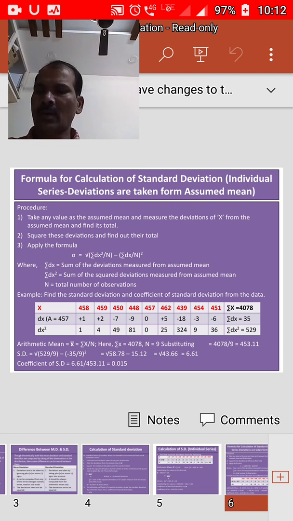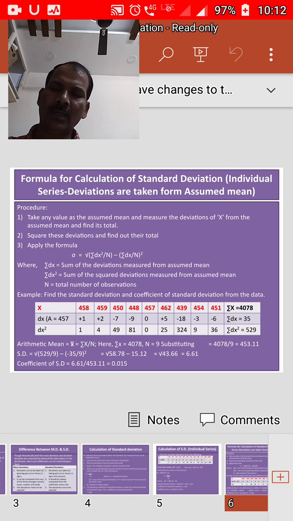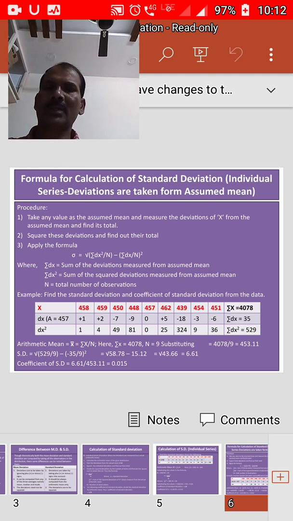Now we will introduce the same in the formula. Arithmetic mean x bar is equal to sigma x by n. Why do we need the arithmetic mean here? Because in order to calculate the coefficient of standard deviation we require the arithmetic mean. That's why we first calculate it.